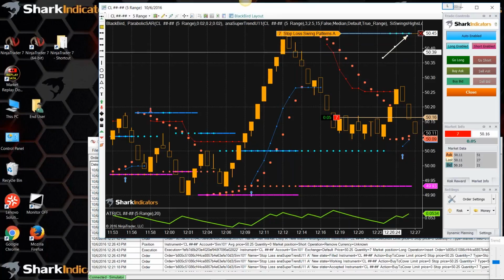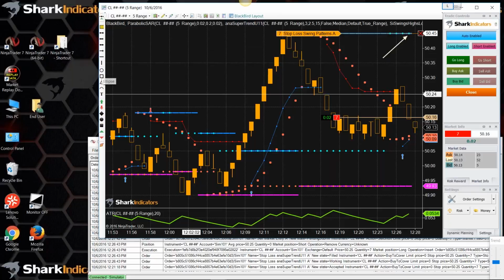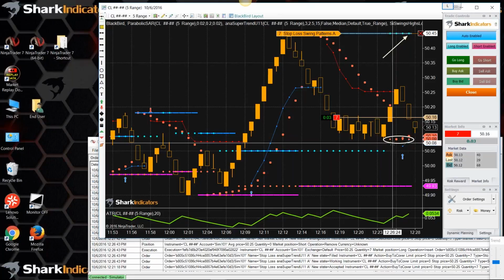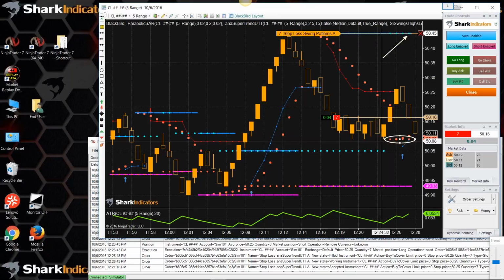And if we took a short trade, there we go. That's our red dots for the swing low right there.